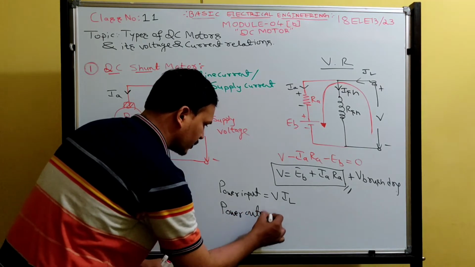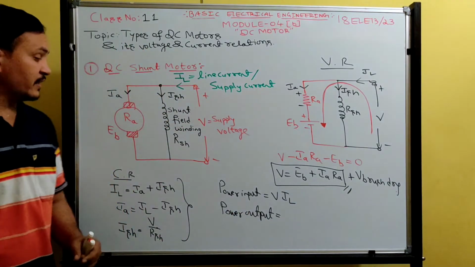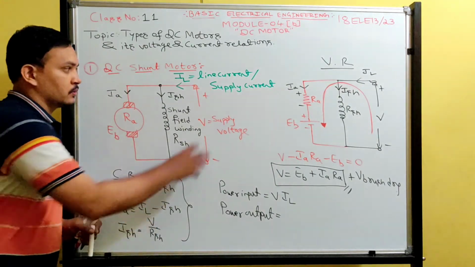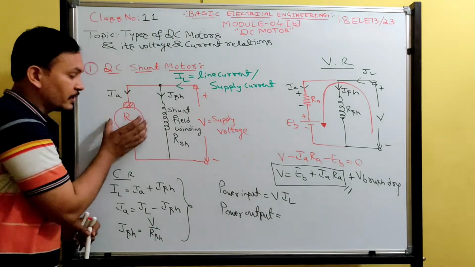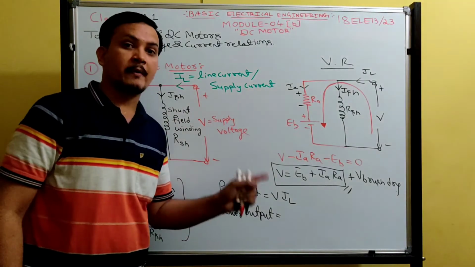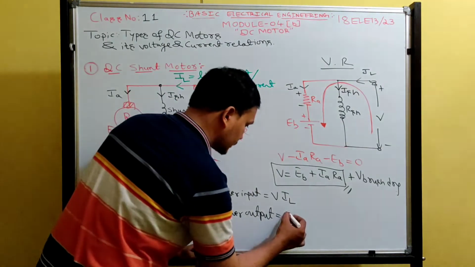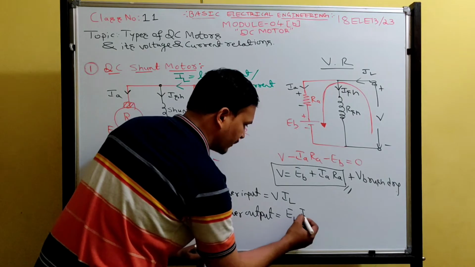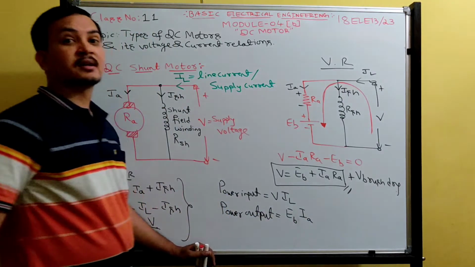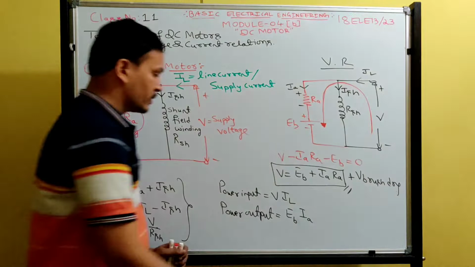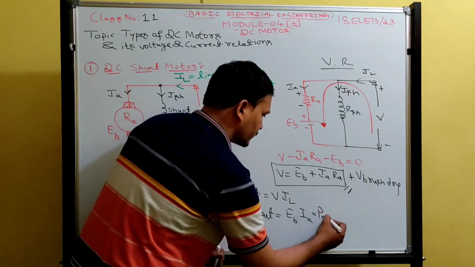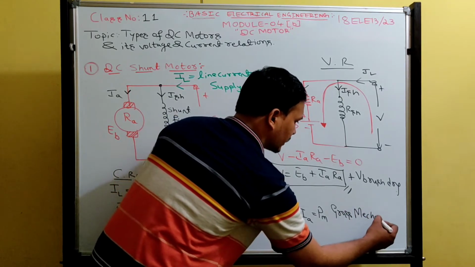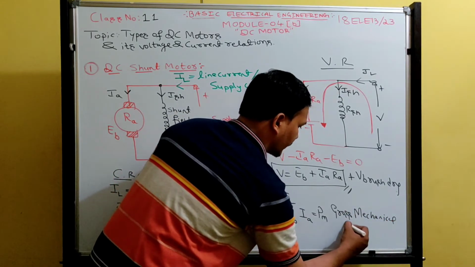What is power output? The output power is the power developed in the armature. So this is the input power, and this is the power developed in the armature, the power output or power developed. Power output is given as EB into IA, back EMF into armature current. It is also called gross mechanical power developed. Where is this power developed?